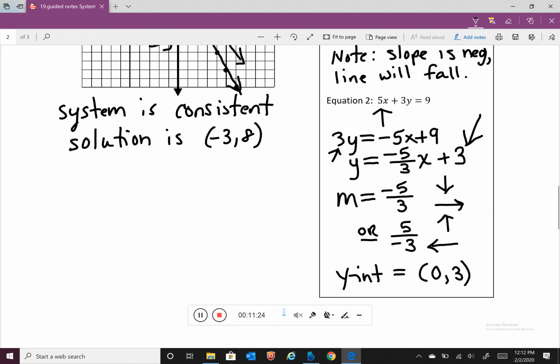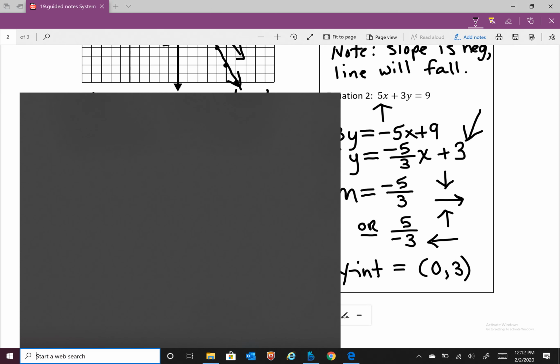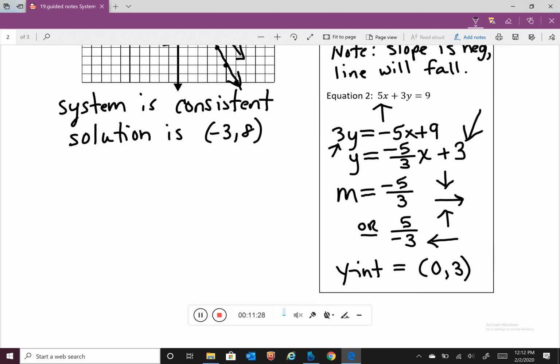So we're going to actually check this. And to do so, we're going to take the first equation, which is 2x plus y equals 2. Notice I'm always going to the original, and I'm going to let x equal -3 and let y equal 8.